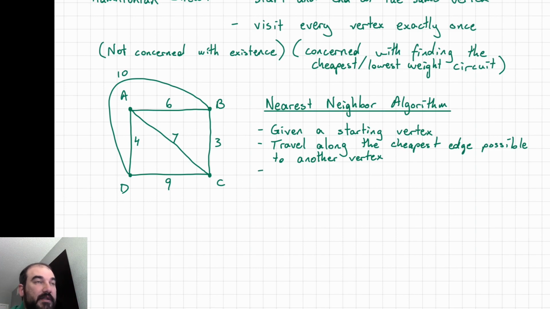Right, so you start at a specific vertex that the question gives you, and then you just pick the cheapest edge that you can take from that vertex, which means in the example of the business person, they would just take the cheapest flight to one of the cities that they want to go to.